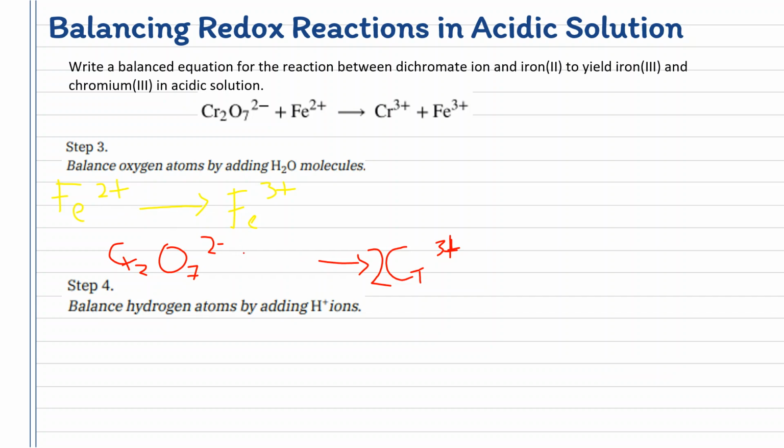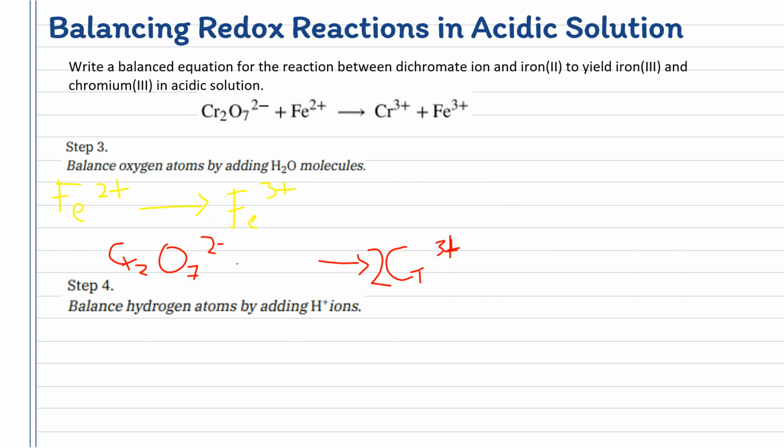So I'm going to have to add H2O molecules. How many H2O molecules? Because I need to balance 7 oxygen atoms, I'm going to add 7 water molecules. My question is, where do I add the 7? Do I add the 7 water molecules to the left or to the right? Think about it carefully.